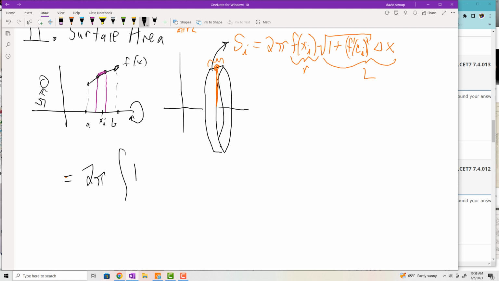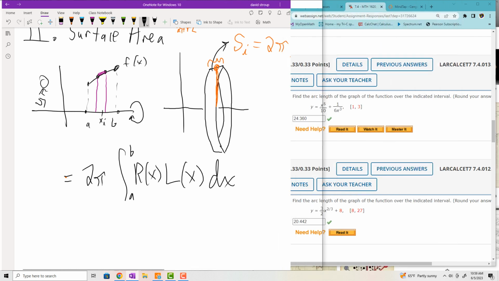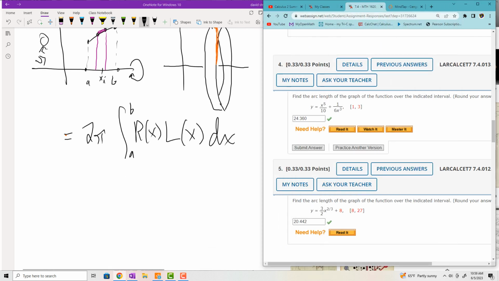2 pi integral r of x, or depending on your orientation. I think all the ones in the homework were oriented with respect to the x-axis, and then from whatever a to b values. Okay, so let's take a look at the ones in the homework.